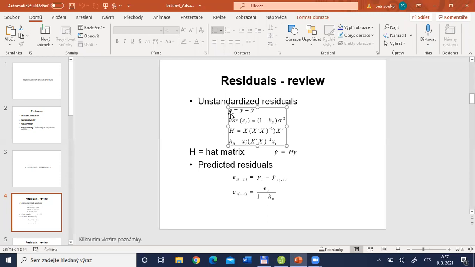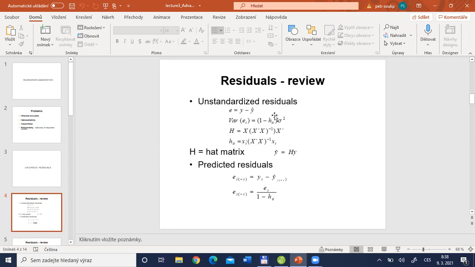So it is similar to the big epsilons for the population, and it is the difference between the real value and the value which is modeled by my regression line. Usually we use the y hat symbol for this model value. So it is the difference between the real value and the value on the line.